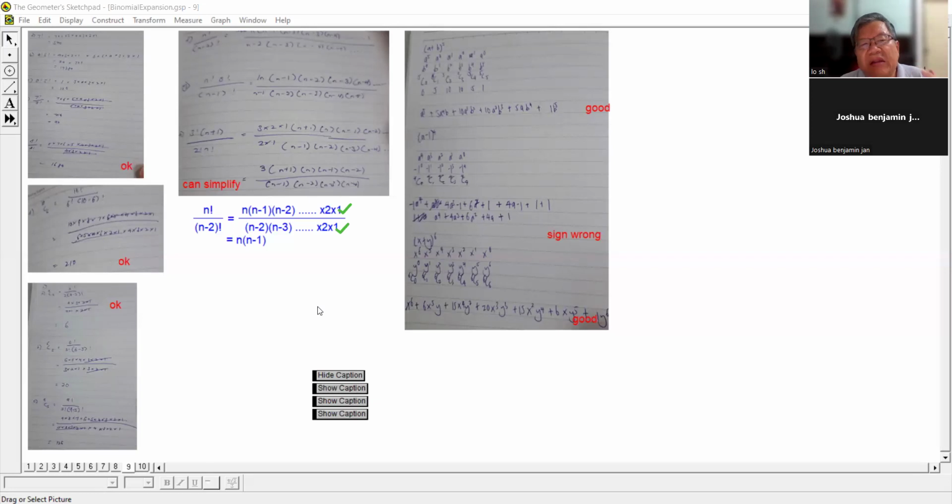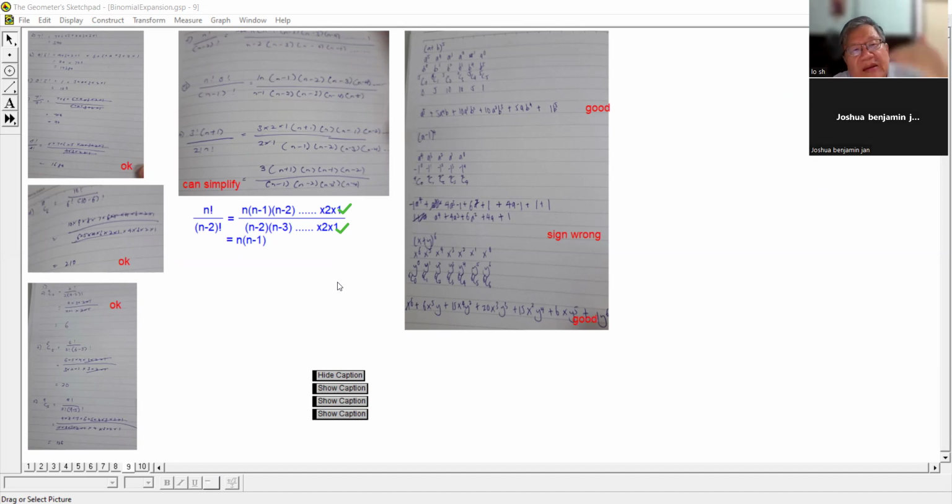Now, can you identify what are the terms at the top and at the bottom that look alike? Once you have written out all these, n minus 1, n minus 2, then this one starts from n minus 2, n minus 3, and so on. You can see that starting from here, n minus 2 until 1, here at the bottom also, n minus 2 until 1.